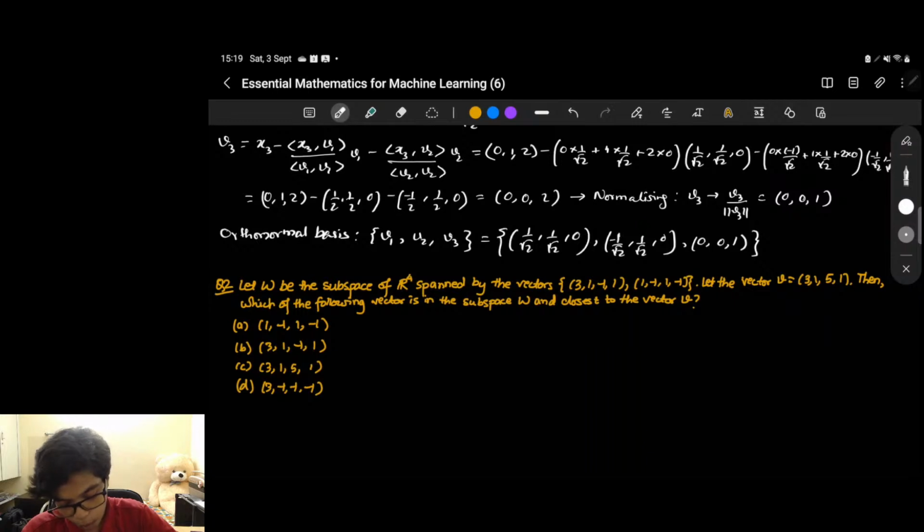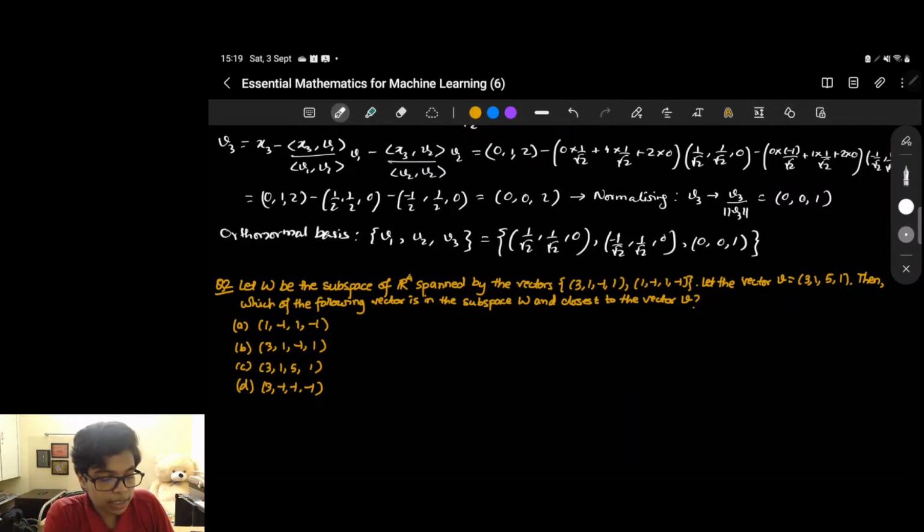Then which of the following vectors is in the subspace W and closest to the vector V? So we have a vector V which is not in the subspace W. It is in the vector space R4, and we need to find a vector in the subspace W which is closest to the vector V.